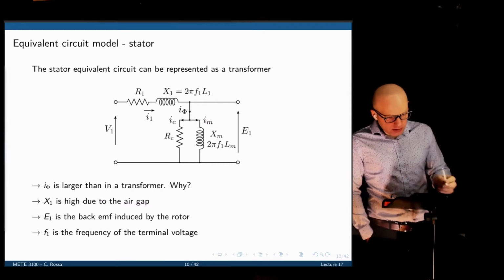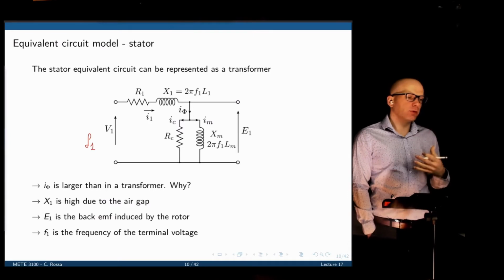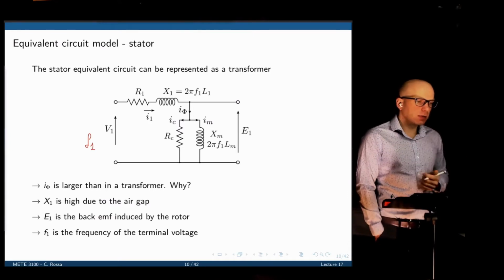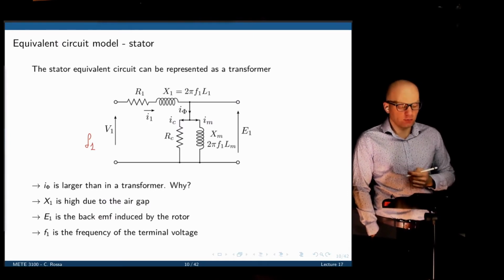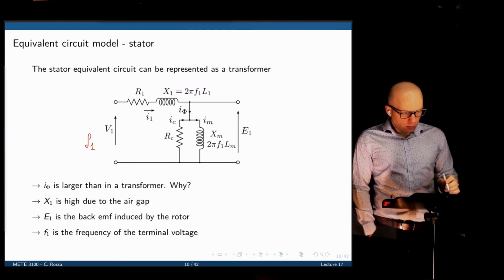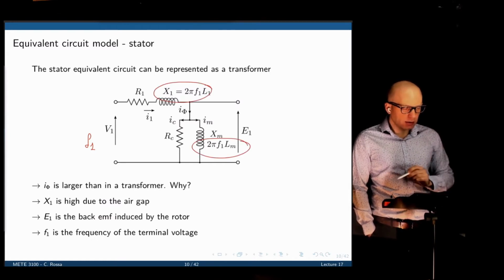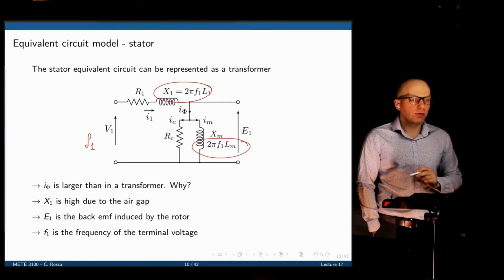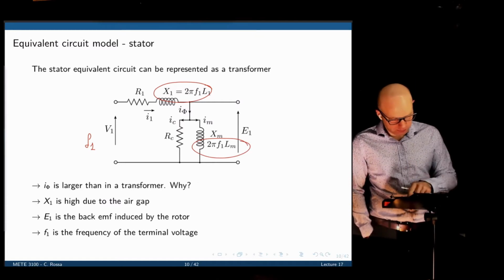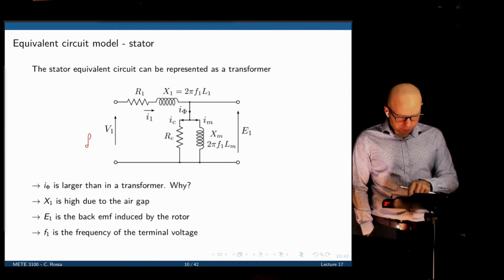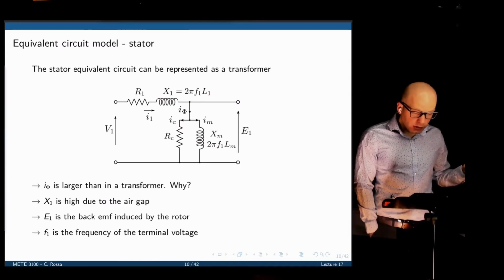This entire system, if we apply a frequency F1 from the input voltage, then the entire system runs at frequency F1. We'll see that the leakage reactance and the magnetizing reactance here are both operating at the input frequency. Okay, so nothing really new here.